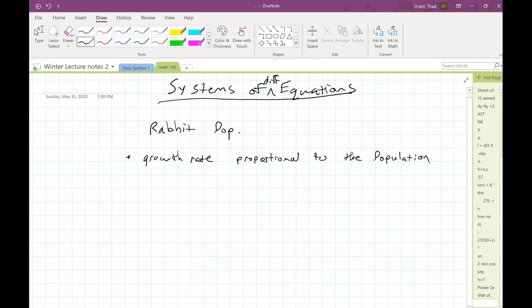If that's the only assumption we're going off of, then we can write a pretty simple differential equation. We can just say the growth rate of the rabbit population is equal to some constant times the population.